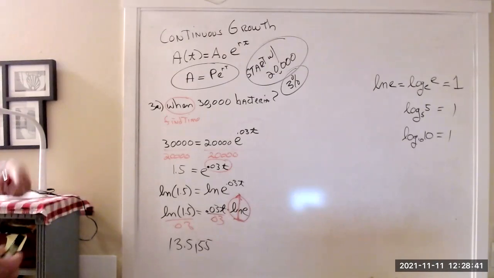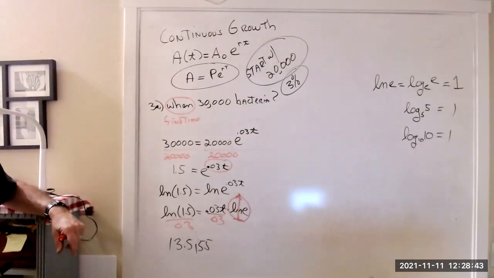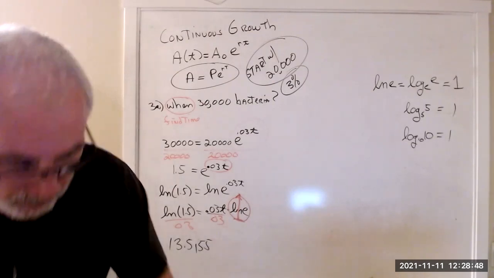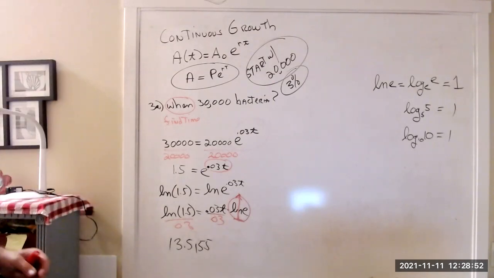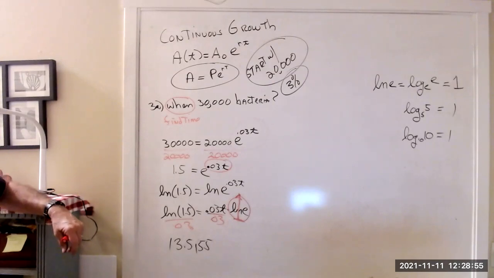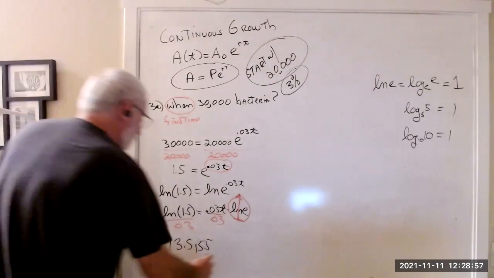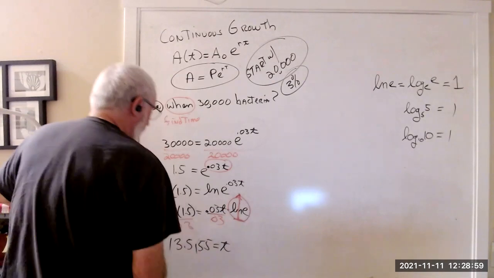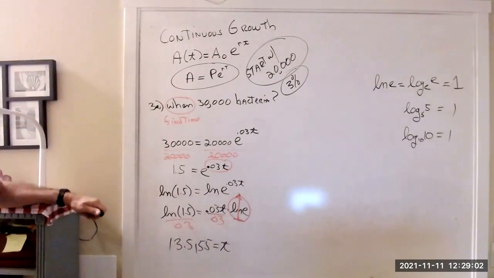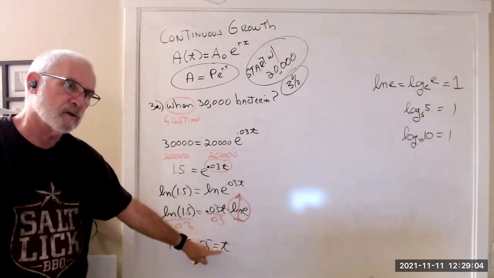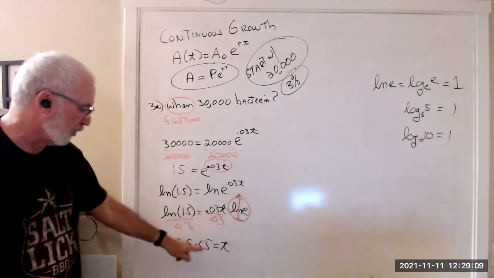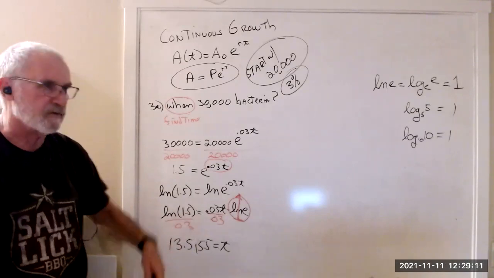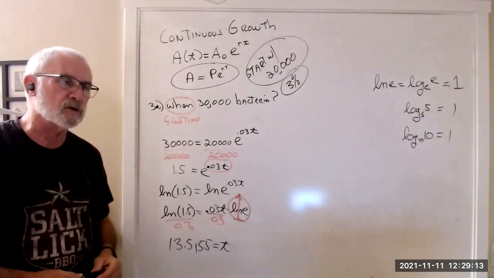Any questions about my steps or anything? I'm not done yet. But any questions about any steps I've done? Okay. Question. This is time. I've solved for time. I skipped a couple steps here, but I solved for time, 13.5155. What are my units?